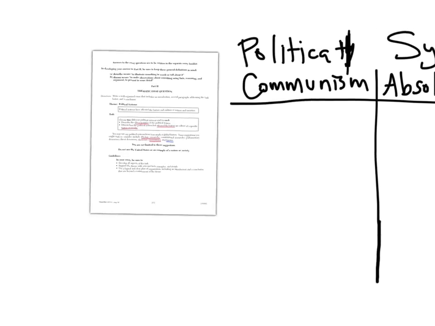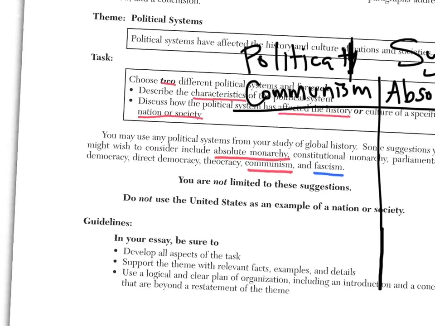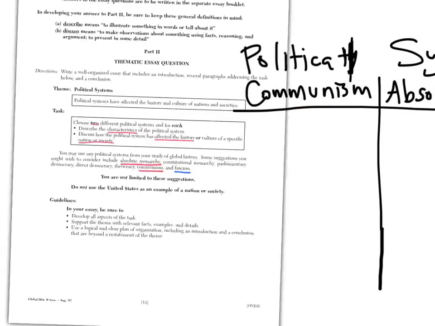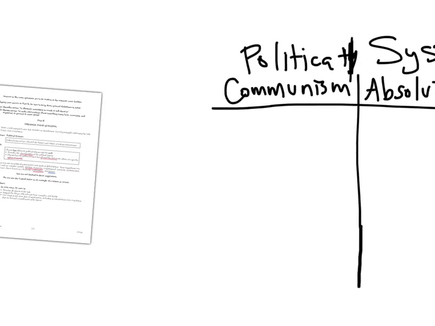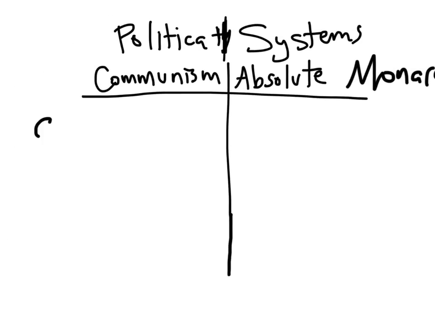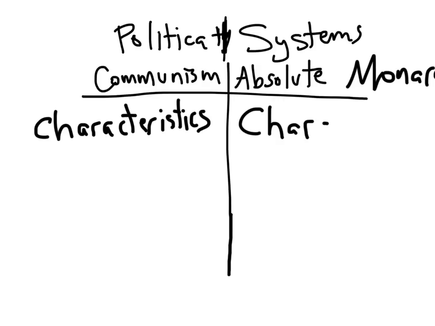Well, when we go back to our document, it says we need to do two things. We need to describe the characteristics of the political system. So let's think about the characteristics. We're going to be talking about the characteristics of communism. So I'm going to write characteristics on the communism side and characteristics on the absolute monarchy side.